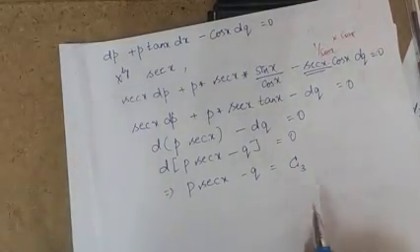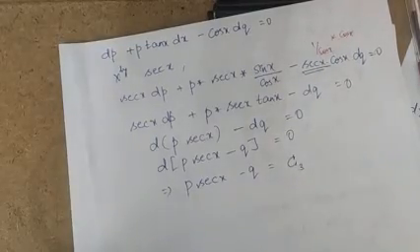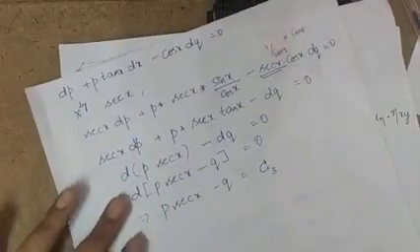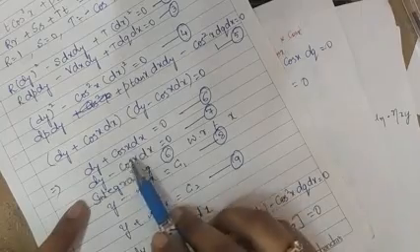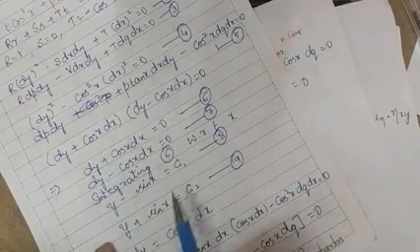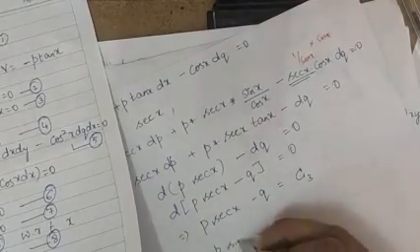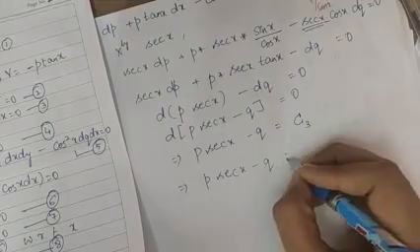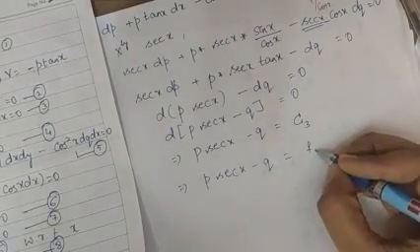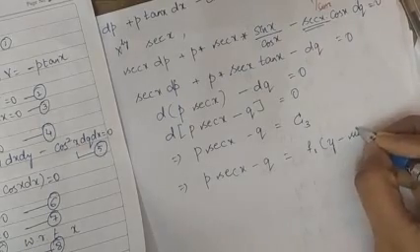So now look carefully. This constant value, from where I will take it? I have chosen it from my equation 7. So the solution of equation 7 is y plus sin x. So this will be p into secant x minus q is equal to f1 of y minus sin x.